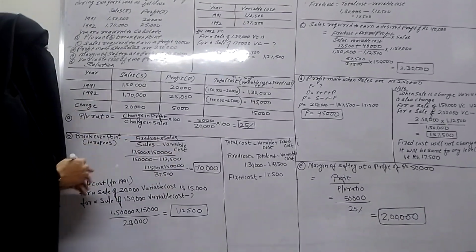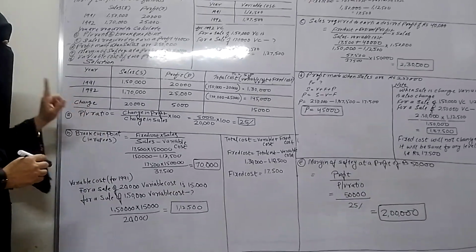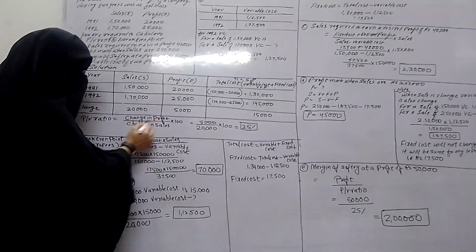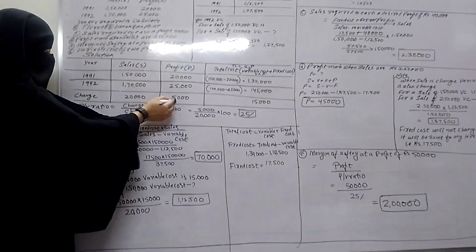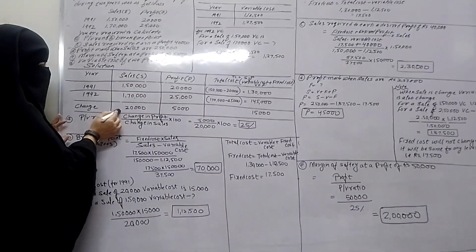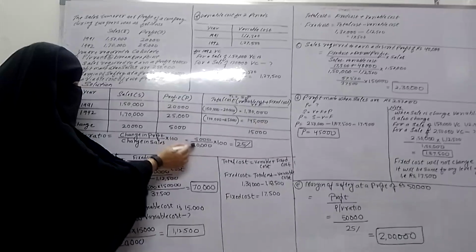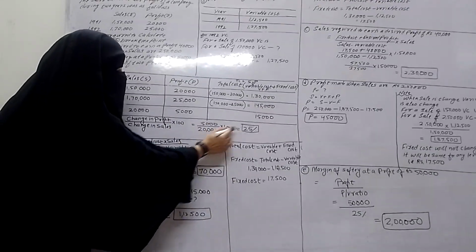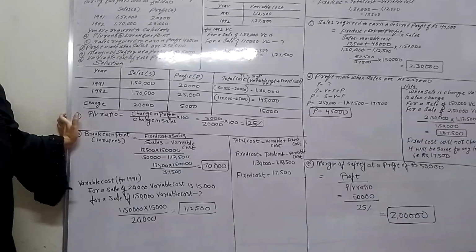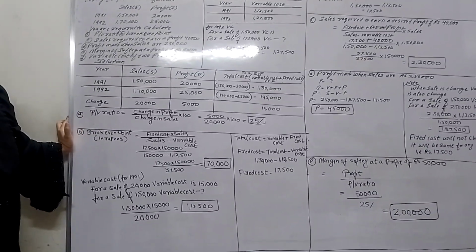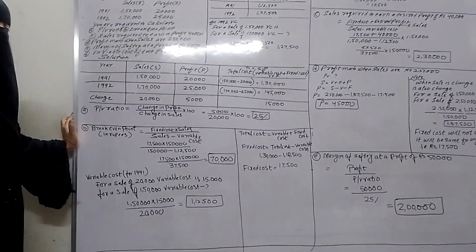So for PV ratio, the formula is change in profit by change in sales into 100. Change in profit is 5,000, change in sales is 20,000. So 5,000 by 20,000 into 100, we get the PV ratio of 25%.